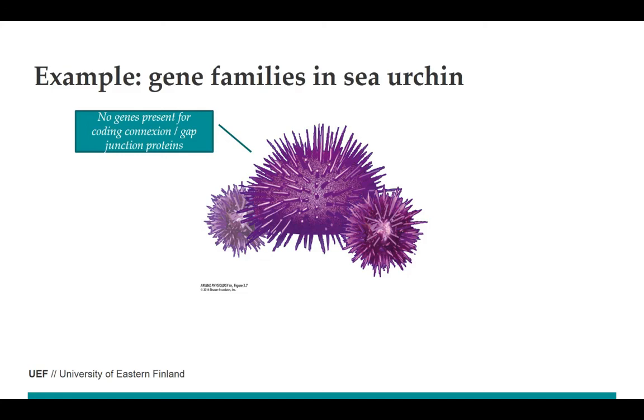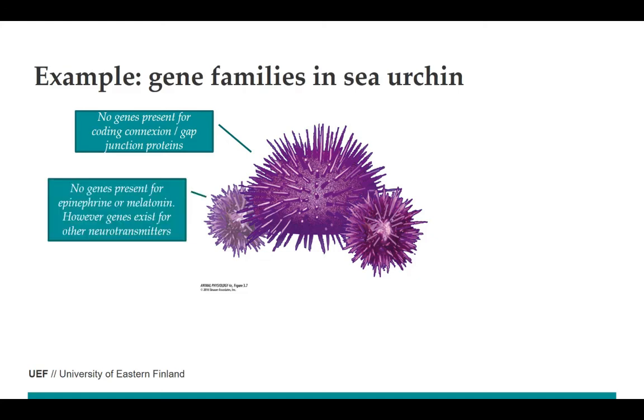So they don't have JAP functions in these organs at all. And there are no genes for epinephrine or melatonin, but they have genes for other neurotransmitters. So most probably these other neurotransmitters emerged first, and epinephrine and melatonin a little bit later in evolution.